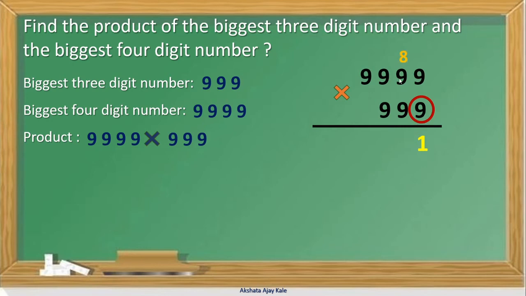Again 9 9s are 81 plus 8, that is 89. Again 8 is carried over. 9 9s are 81 plus 8, that is 89. 9 we will write down and 8 is carried over. 9 9s are 81 plus 8, that is 89. Okay. This is the answer when we multiply 9,999 by 9. Correct?